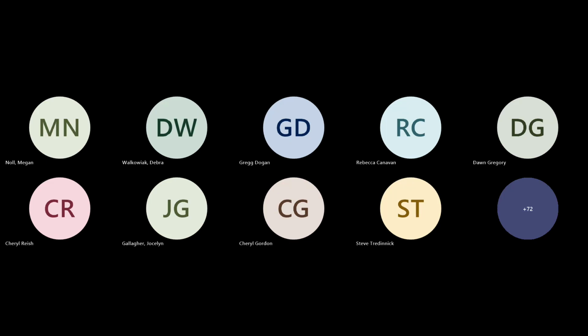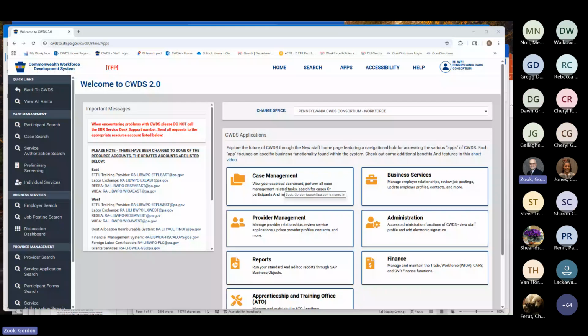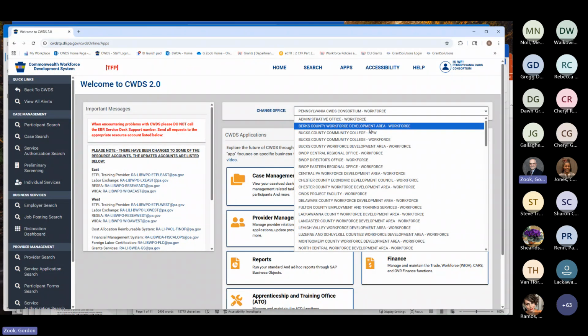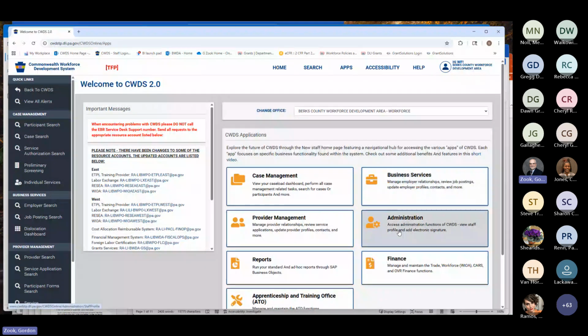Okay, the first thing I want to go over is just a real quick review of creating financial status reports. This should be what you all see when you log into CWDS. I'm going to choose Berks as the example here.